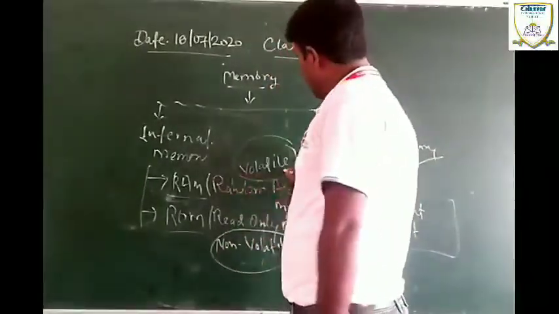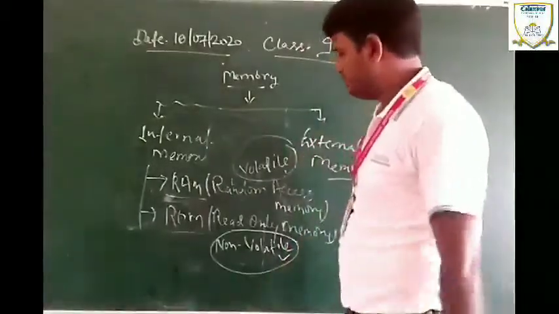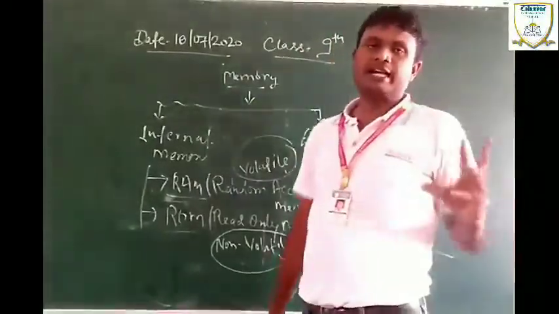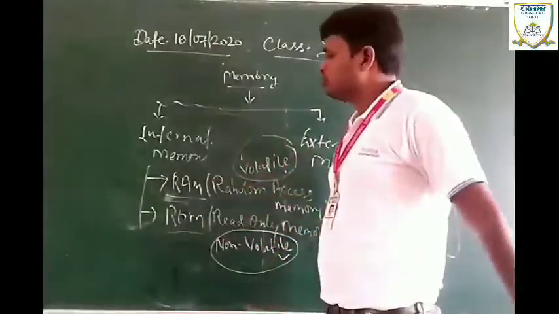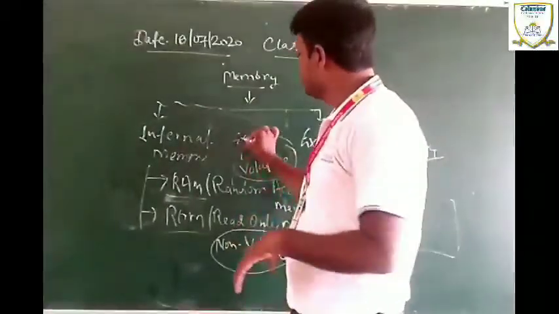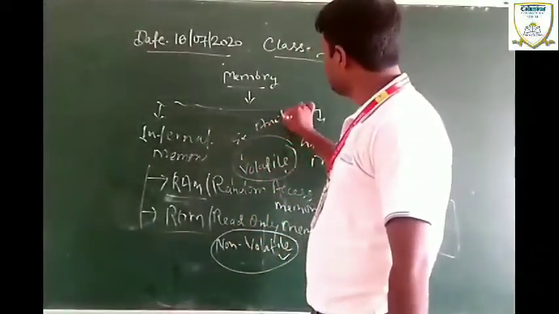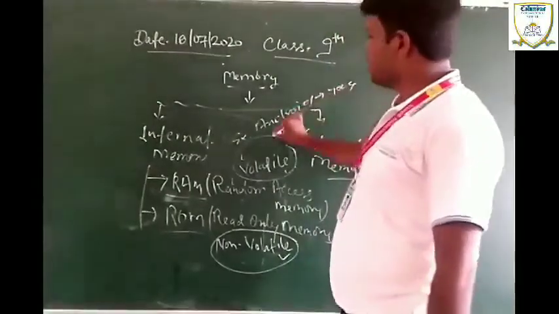What is the meaning of volatile and non-volatile? Volatile means those applications you installed. For example, suppose you have an Android phone. Yes or no? Yes, sir. You have an Android phone.